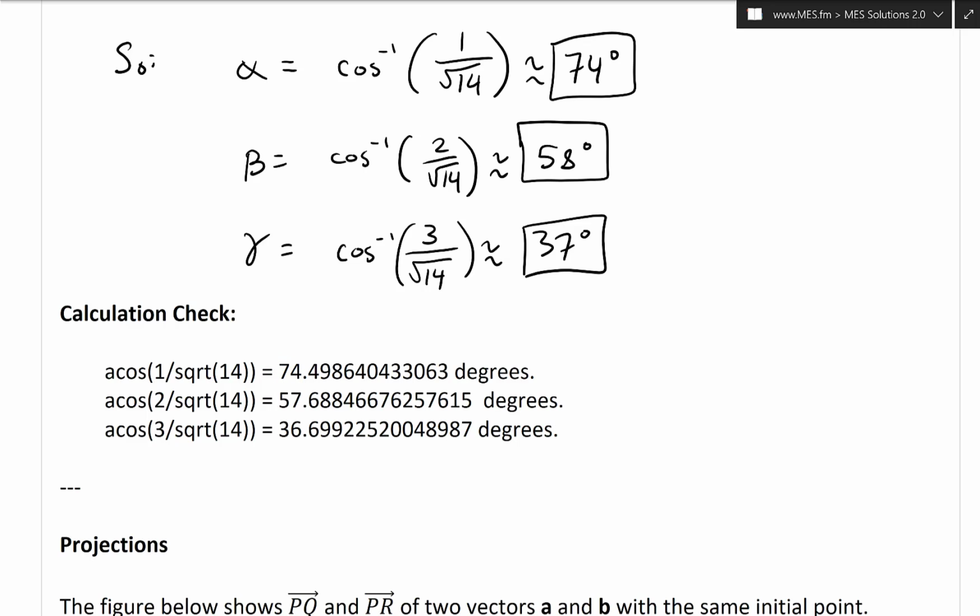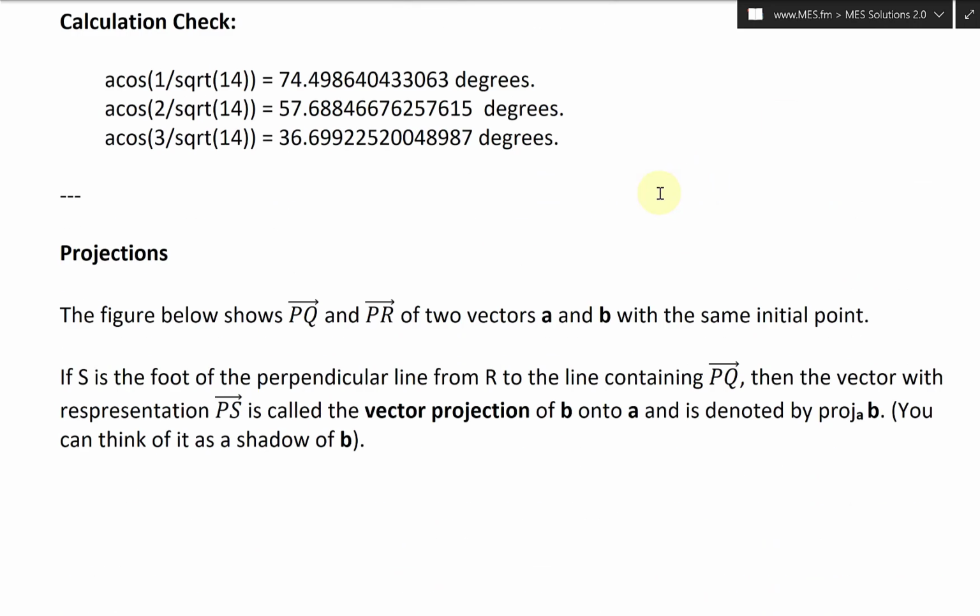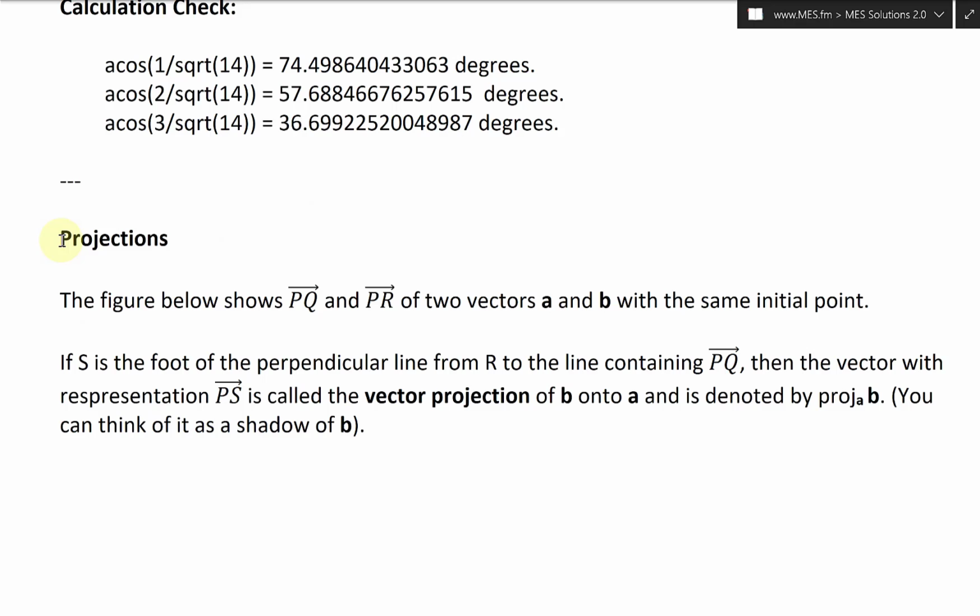The next one, 57.68, that's right, rounds up to 58. Next one, 36.699, etc. rounds up to 37. Yes, quite fascinating. All right, so now let's take a look at projections, the next section.